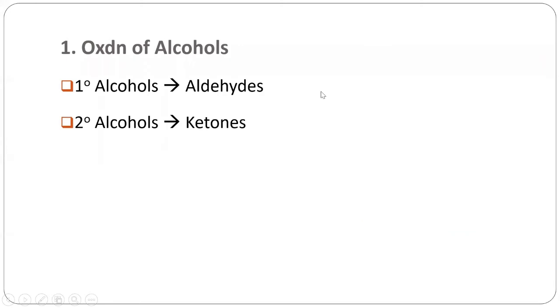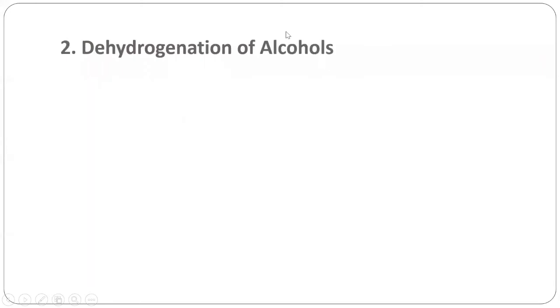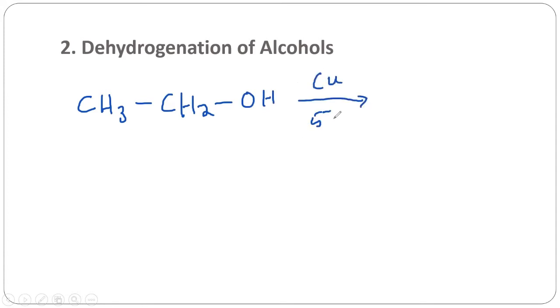Now, another method is again dehydrogenation. So here heated copper is the reagent. If we are using primary alcohol, say ethanol, it is treated with copper at 573 Kelvin, and again we get an aldehyde, ethanal.